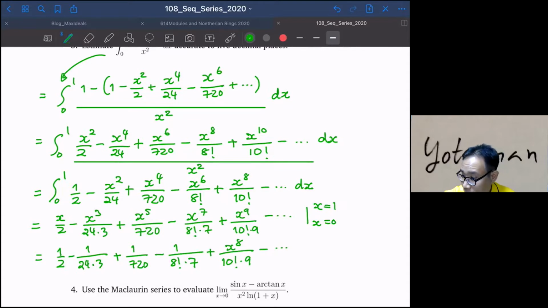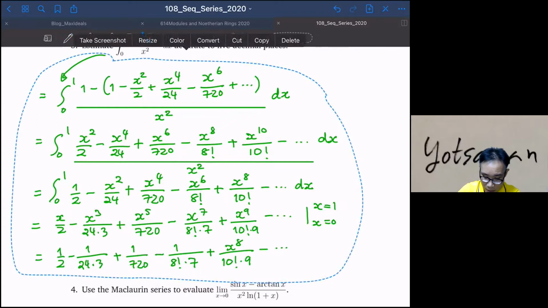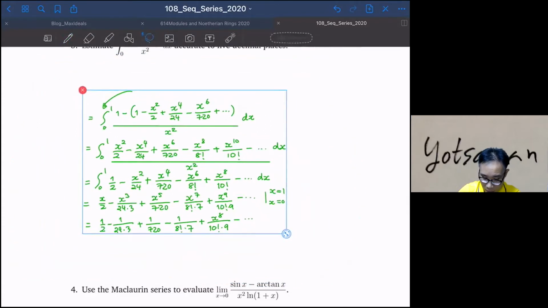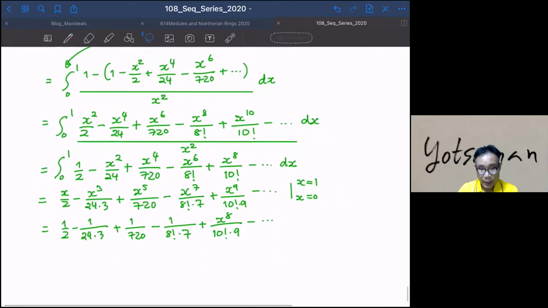Okay, so when we reach this one, I have to turn on my note right now because it's going to involve many terms. So you see that this is a calculation that we have so far. And so you're going to just plug in numbers.